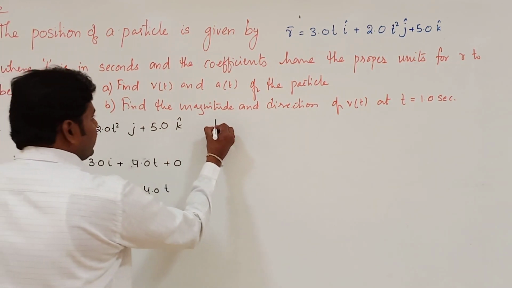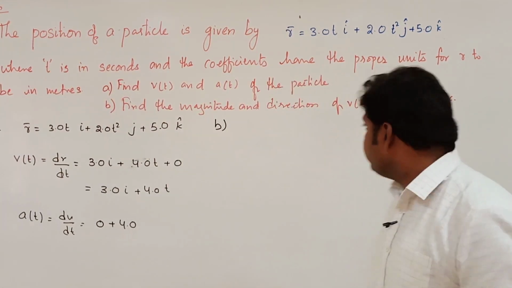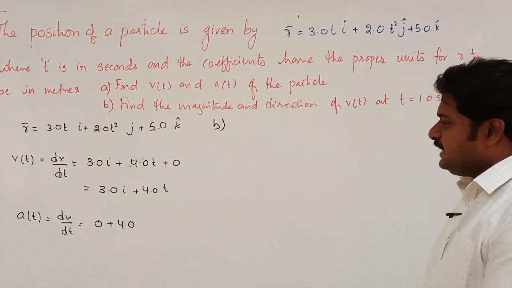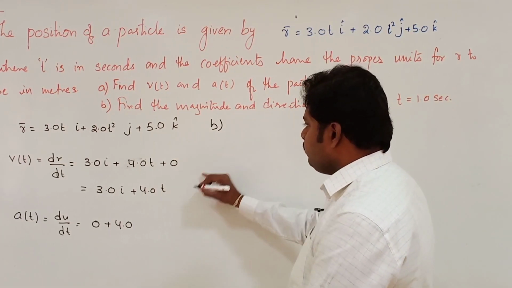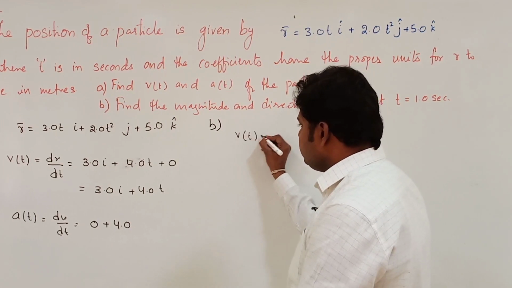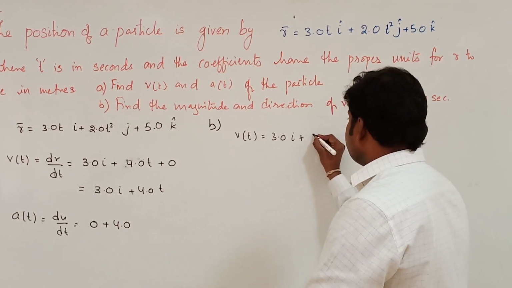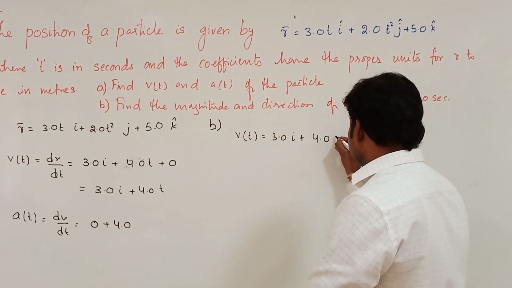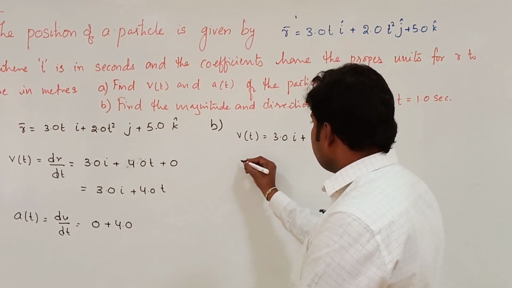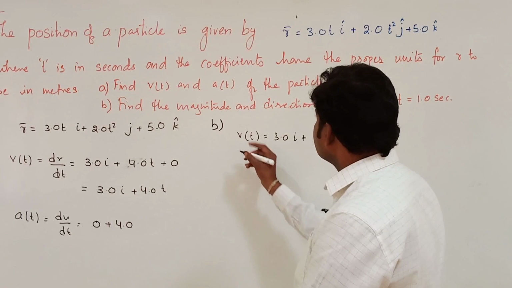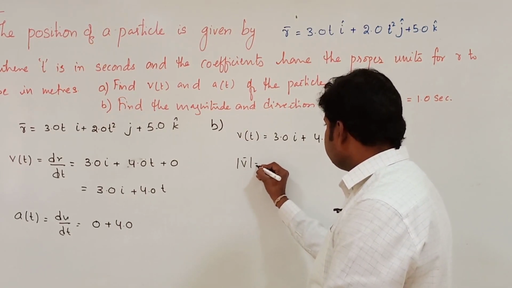Now the second one: find the magnitude and direction of velocity at t equal to 1 second. See, velocity we have obtained as v of t equals 3.0 i + 4.0t j. What is the magnitude? Magnitude is mod of v.